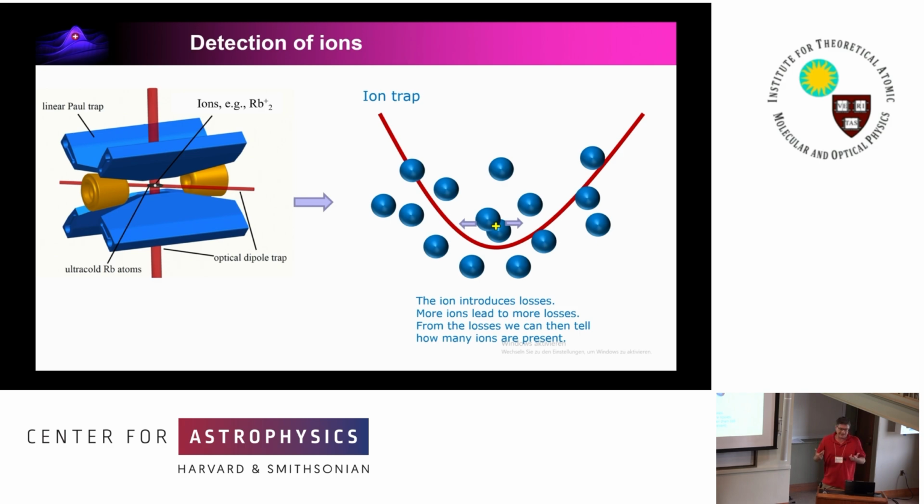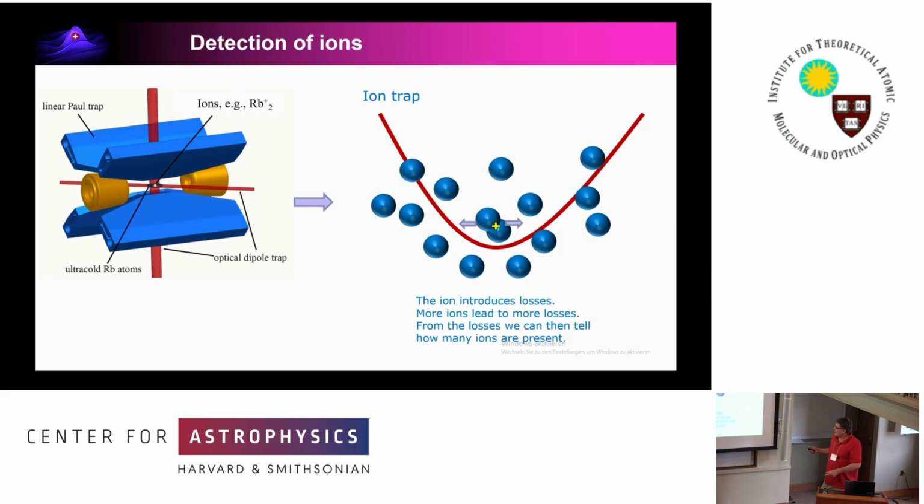But now these ions are, of course, dark. We have to detect them. And we have a scheme where we bring in a fresh cloud of atoms. We know the atom number of this cloud. And then we immerse these ions into this cloud. And these ions jiggle, because of the micro motion in the ion trap.